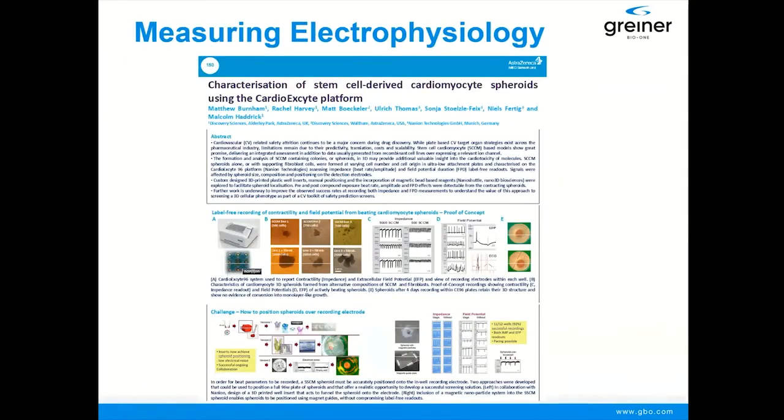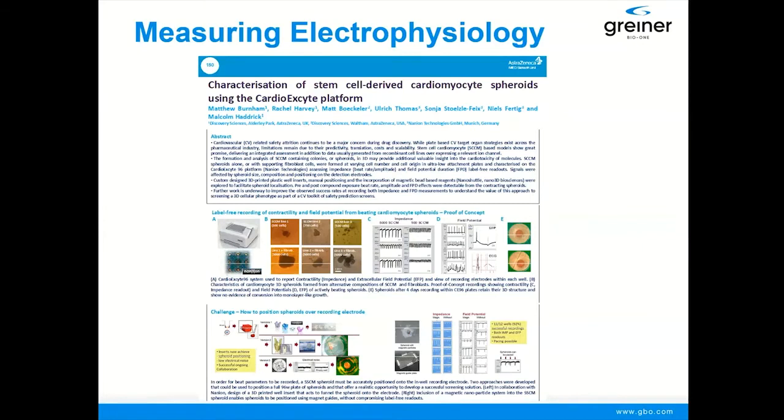On the same topic, illustrating the enabling aspect of the technology, this is work done by AstraZeneca in the UK. As you know, measuring electrophysiology, patch clamp, is not the easiest thing in the world. But when you go to 3D cell culture, it's really hard.